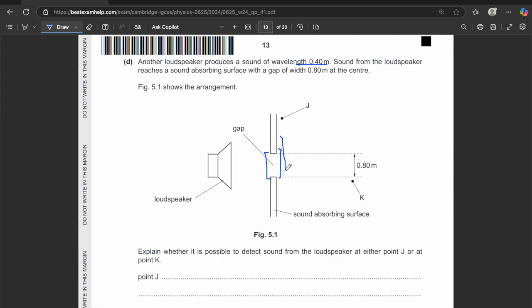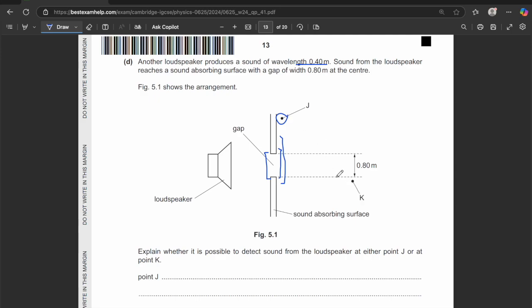So whether it is possible to detect from J, well, it will not diffract that much, so it is very unlikely that it will reach J, so there will be little to no sound heard.